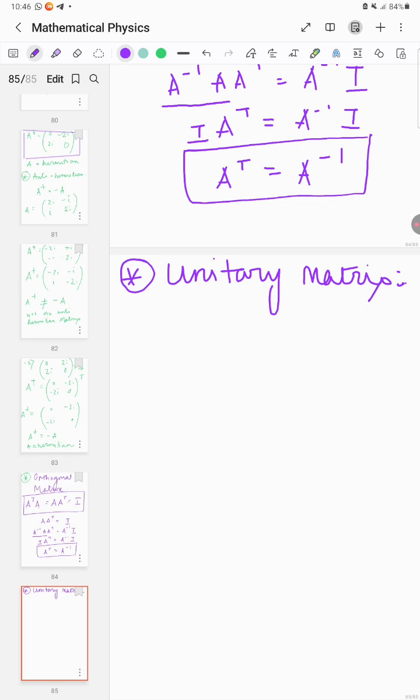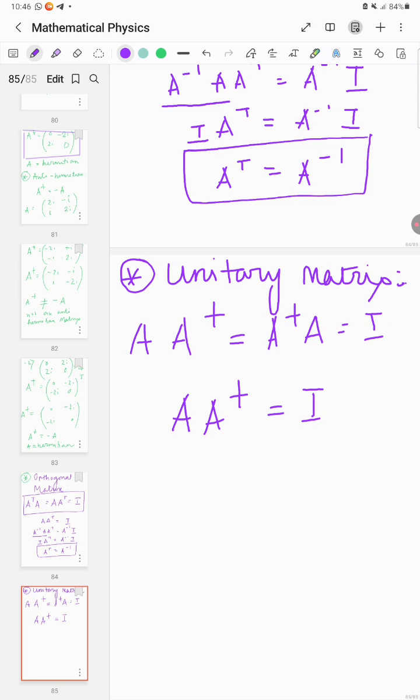So what is a unitary matrix? A square matrix is said to be unitary if it satisfies the following condition. And what is the condition? A dagger A is equal to I, where I means the identity matrix. So let us now simplify this. A A dagger is equal to I, right?